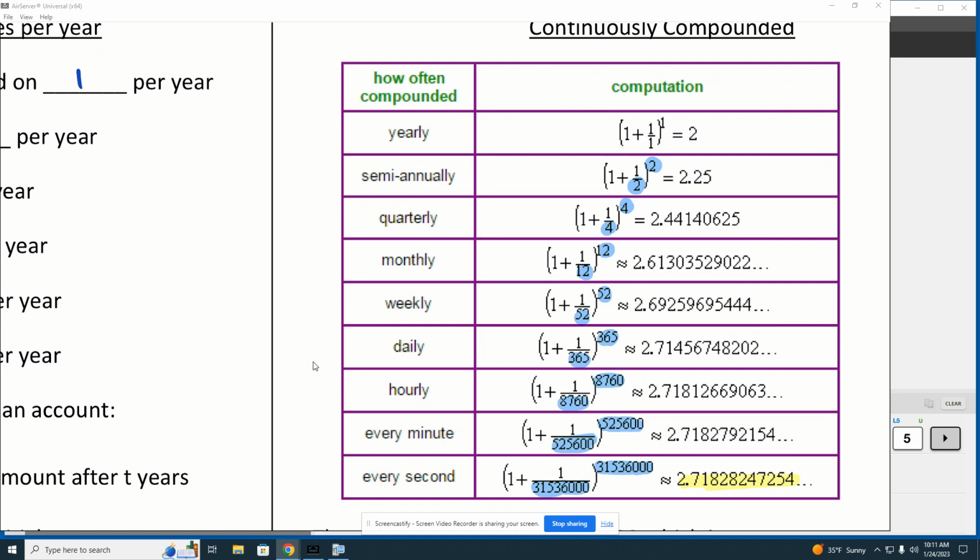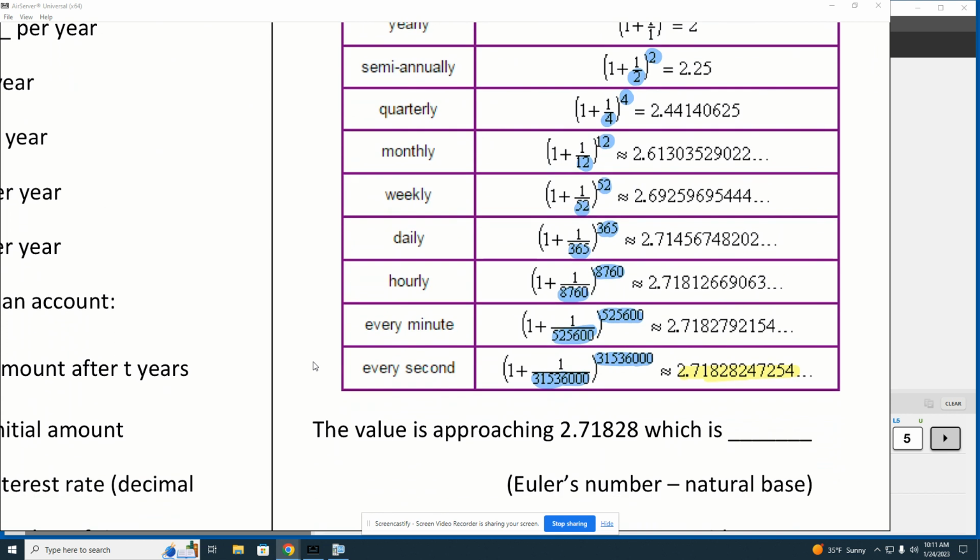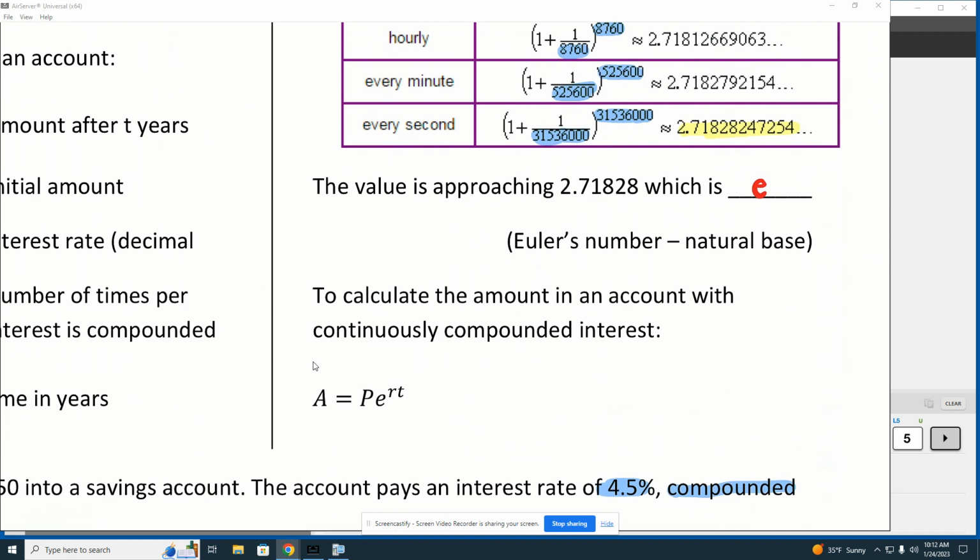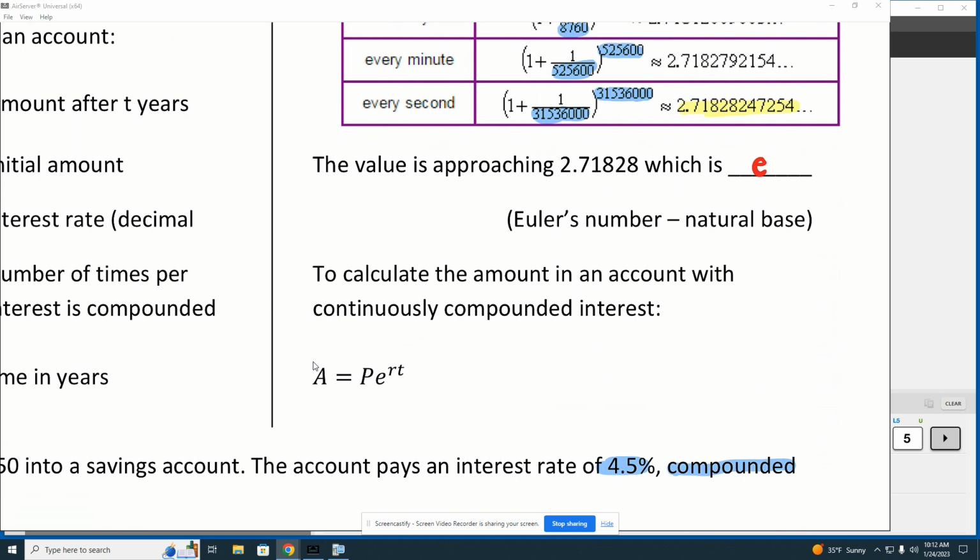Because that kind of stuff happens in nature so often, they call that continuously compounded when it comes to compound interest. They call it continuously compounded. And they gave it its own formula. And that formula is this. A equals P times E to the RT power.